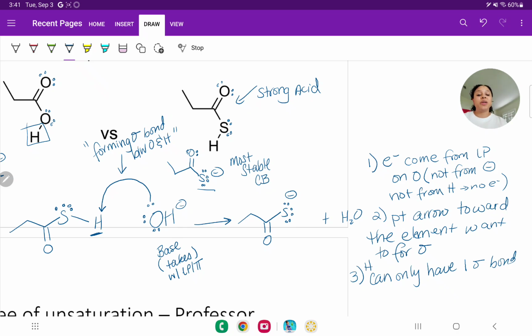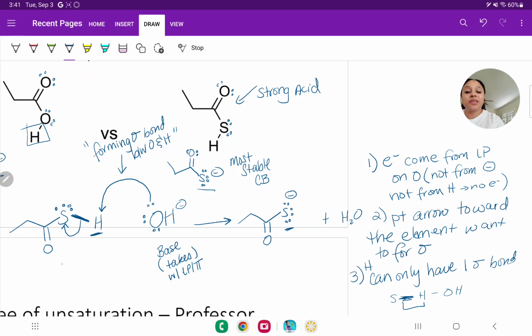So if I'm forming a bond between the OH and that hydrogen, that extra bond to the sulfur makes me go over the number of electrons that the hydrogen can have. It can't actually have two bonds. So I'm going to need to break this sigma bond. So to break it, this is where my electrons are that will eventually become that extra lone pair. So I'm going to take it from the bond.